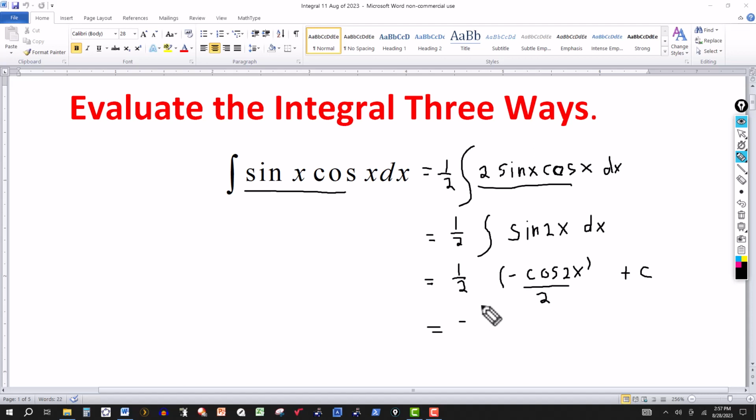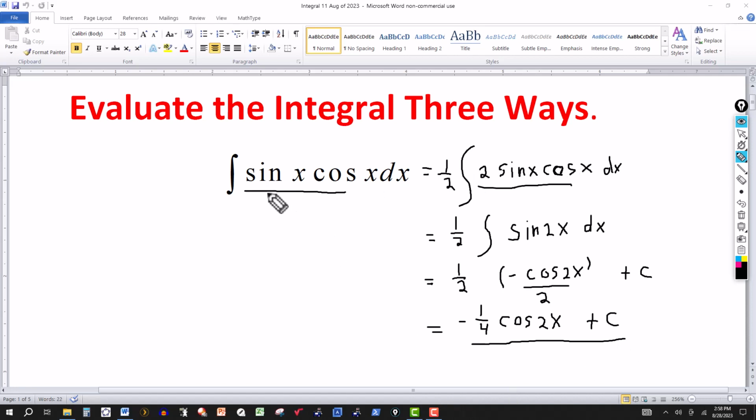So this is actually minus 1/4 here then, because of this 2 here, cosine of 2x plus the constant of integration. This is your final answer using this method here.